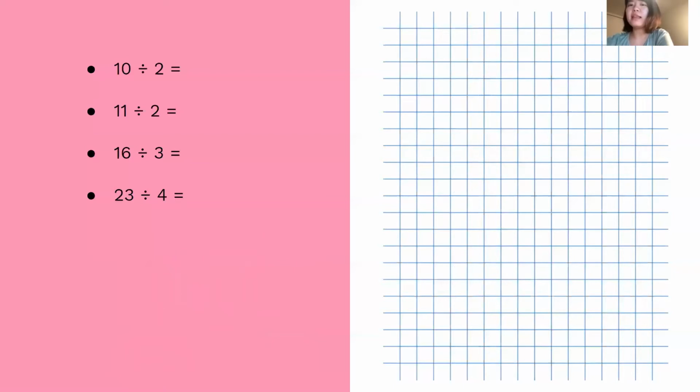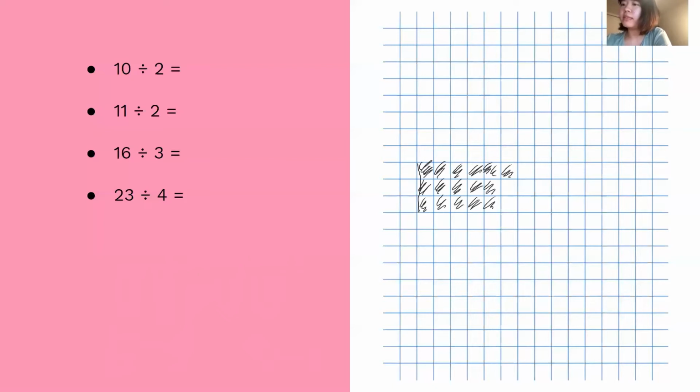Okay, and let's start solving the third problem. And let's only do the area model this time. For 16, we already know we have to have 3 for one group. So let's see how many groups of 3 we can get to 16. So 1, 2, 3, 4, 5, 6, 7, 8, 9, 10, 11, 12, 13, 14, 15, and 16.